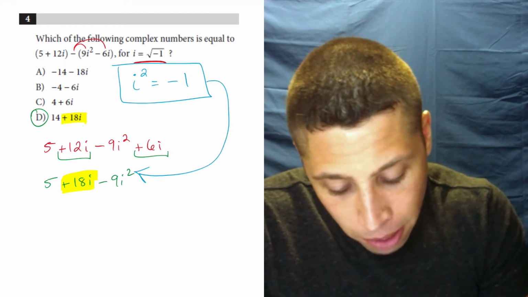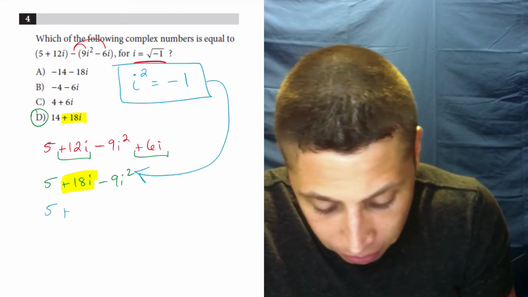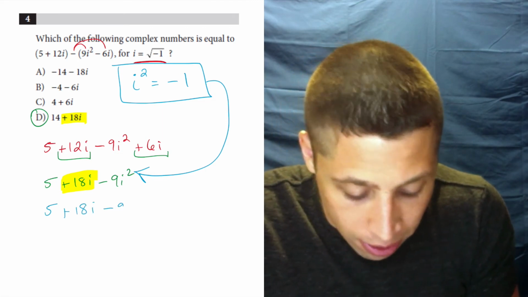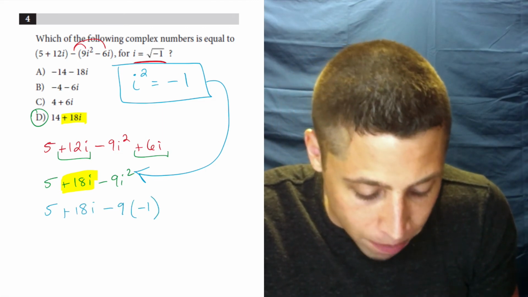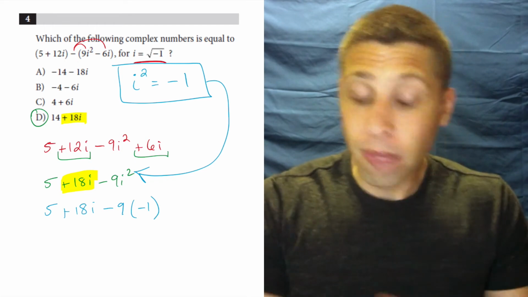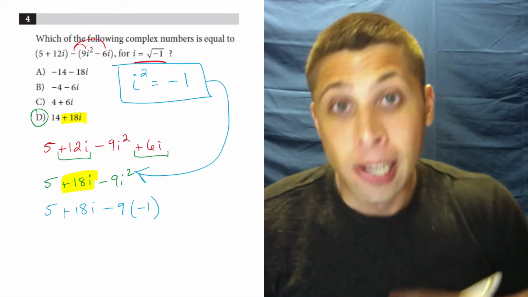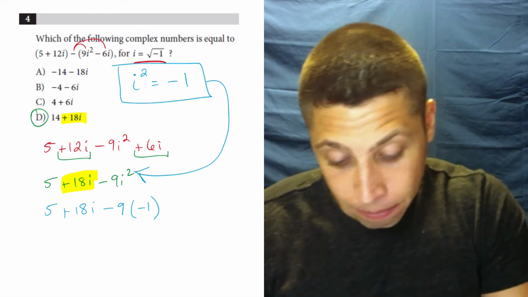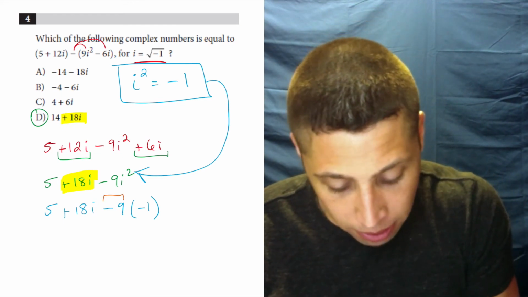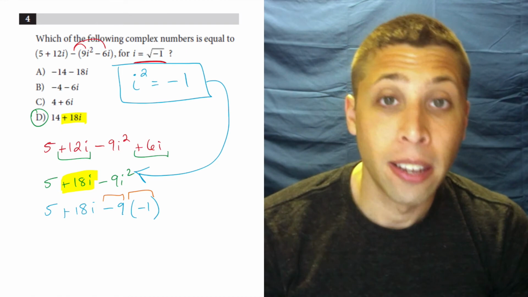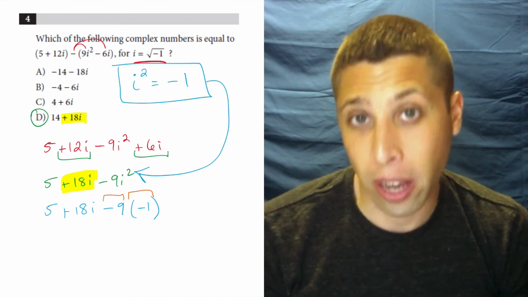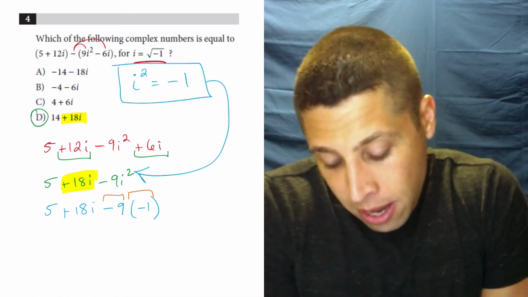So now if I plug that in here, what happens? I have 5 plus 18i minus 9, and I'm not going to skip a step here. I'm just genuinely going to put negative 1 in for i squared. And then I can multiply and say, okay, what happens when I multiply negative 9 times negative 1? Well, it's going to switch the sign. Some of you can do that in your head. That's fine.